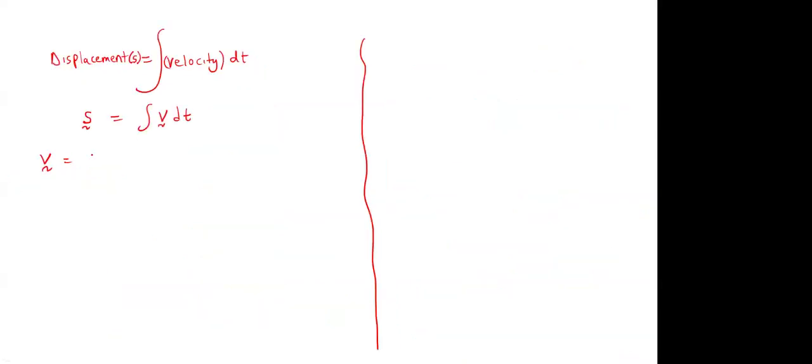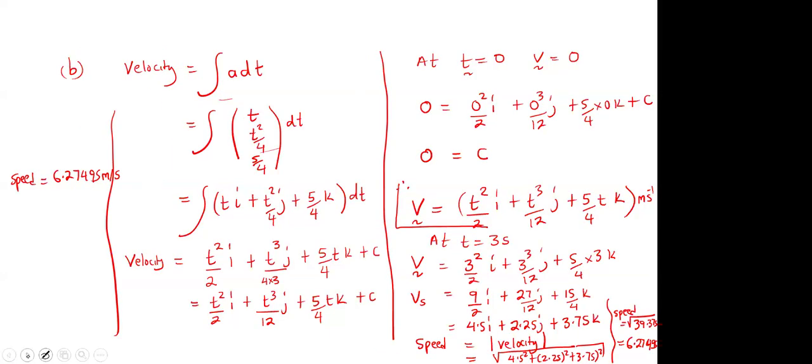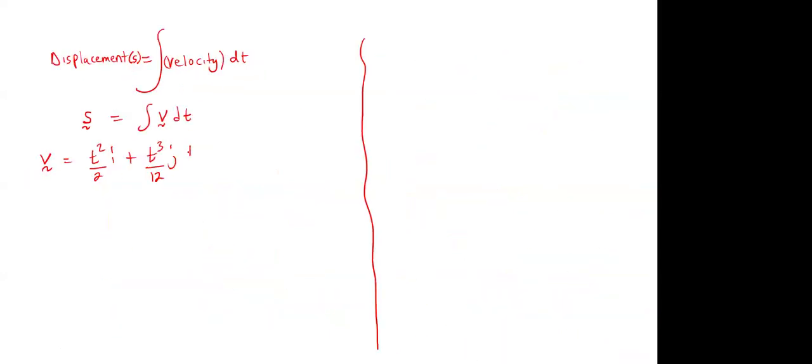So it is t squared out of 2 i plus t cubed out of 12 j, then 5 out of 4 plus 5 out of 40 k. And these are meters per second. Now, this is our velocity.